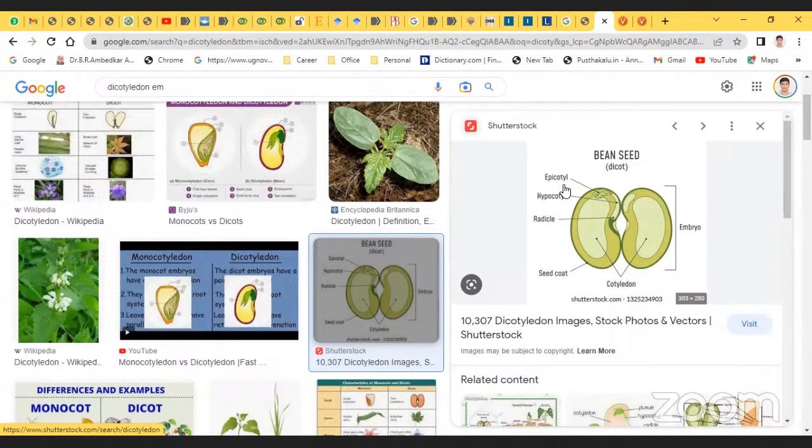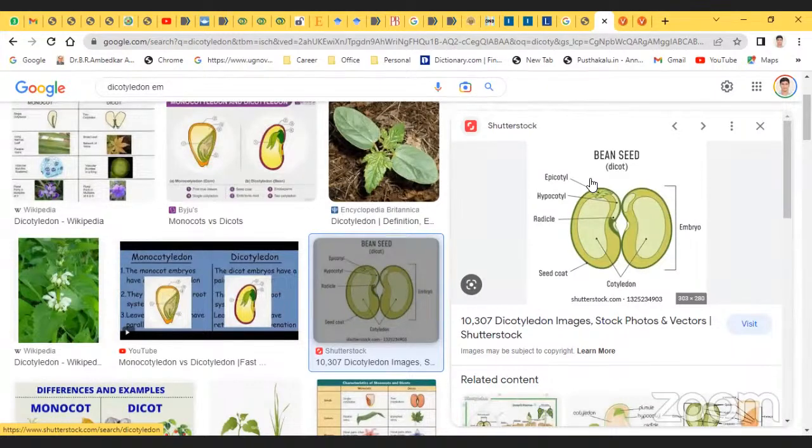What is the meaning of epicotyl? The terminal part of the axis above the level of the cotyledons is known as the epicotyl, and it eventually forms the plumule.